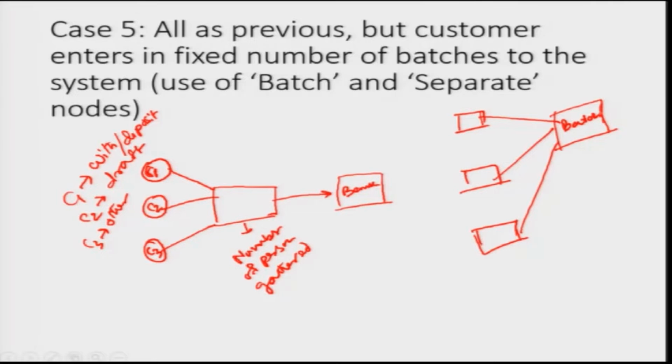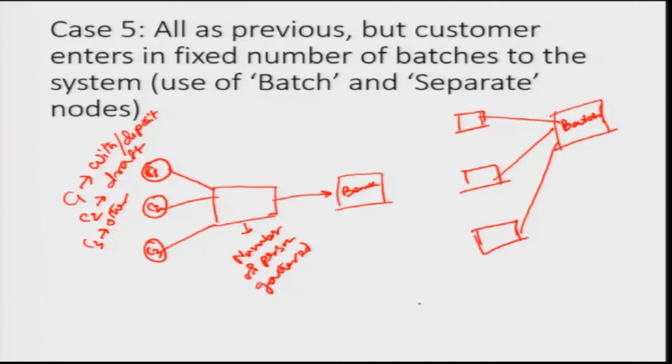Another industrial implementation of this batch node is, for example, when you need to transfer material from one particular position to another. In this case, you may not be transferring the parts individually. You need to wait until a number of parts come to a particular point, and then you collect those parts.